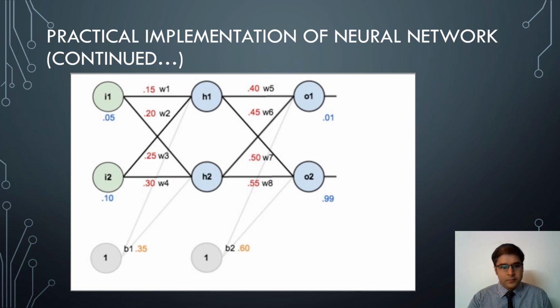We assign the inputs 0.05, 0.10. The required output is 0.01 for O1 and 0.99 for O2 output node. We provide all the weights W1, W2, W3, W4, W5, W6, W7, W8, and we provide the bias as 0.35 for B1 and 0.60 for B2.